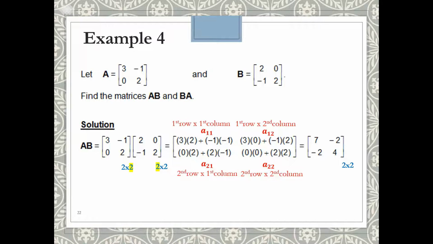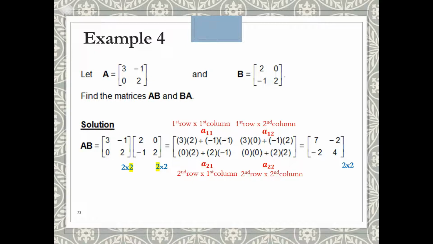a11 is obtained by multiplying the first row of the first matrix with the first column of the second matrix. You will get 3 times 2 plus -1 times -1, which is equal to 7.